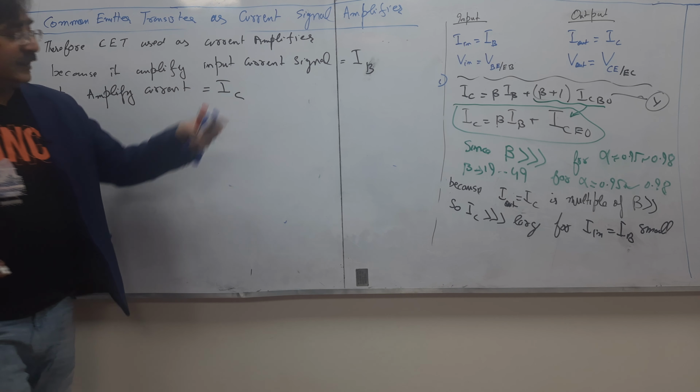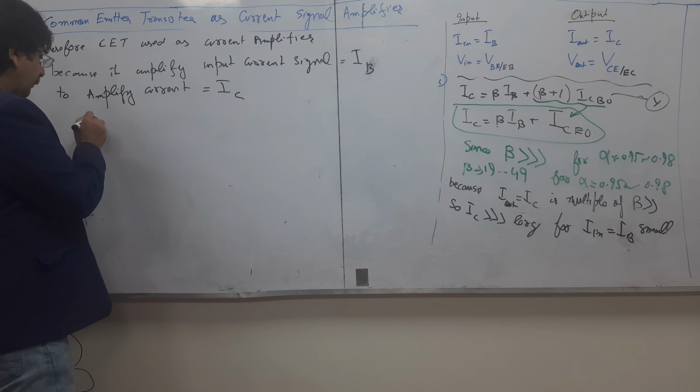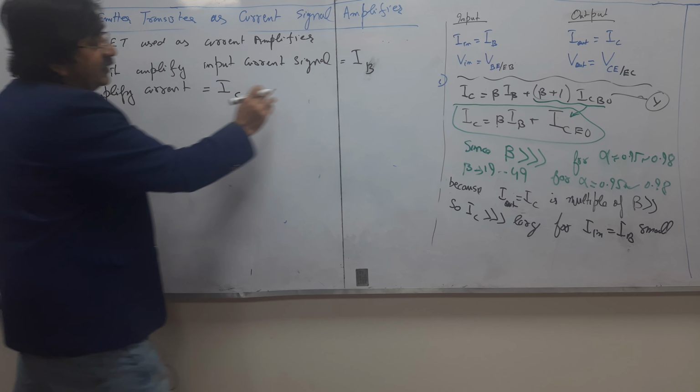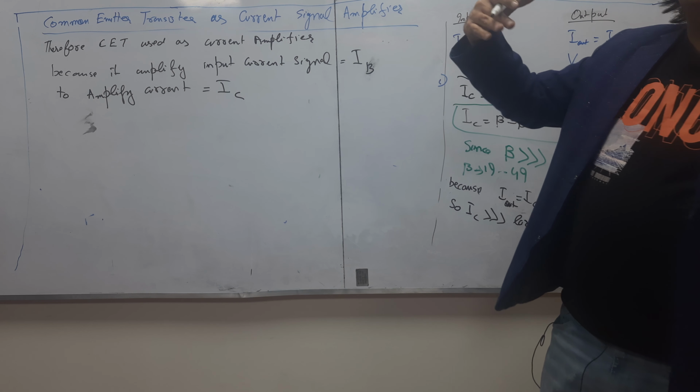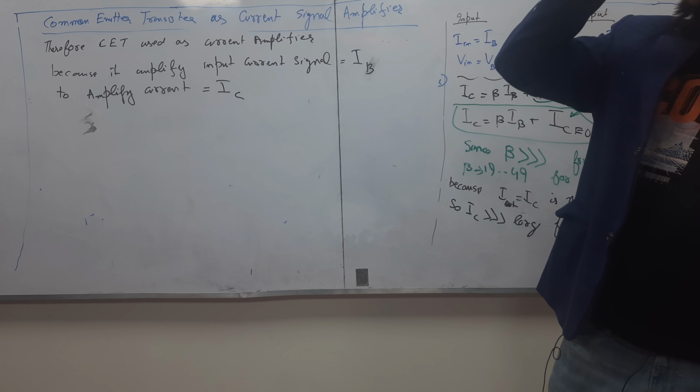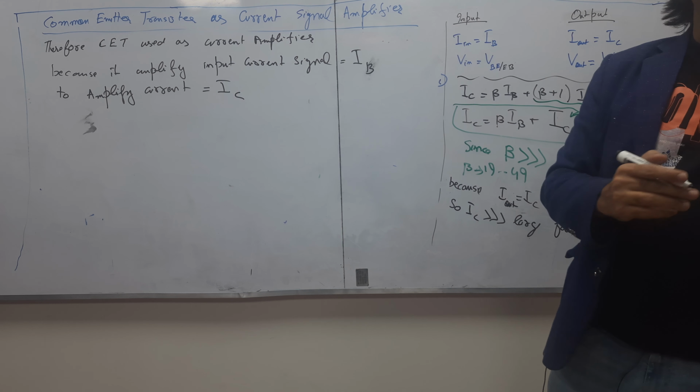So if your input base current is even small, collector current will be very large, so it will increase the signal.